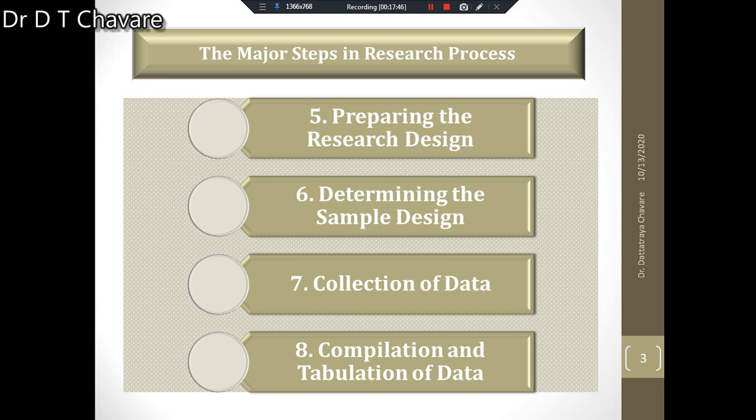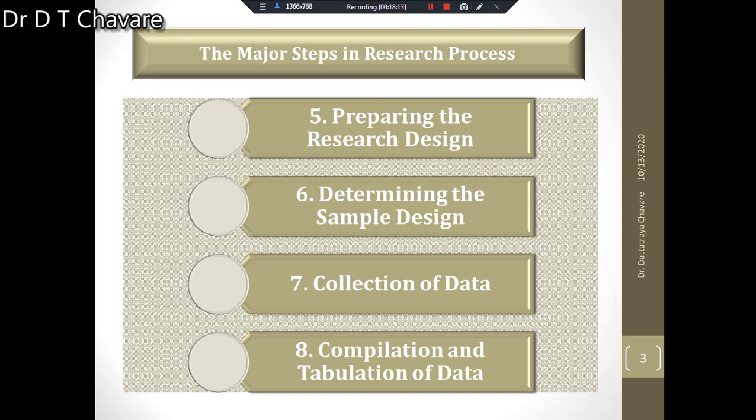Then the next step in the scientific research process is collection of data. What is it? Collection of data. After preparing the research design and sample design, the researcher has to proceed to gather information relevant to the subject matter of the study from the units under investigation.